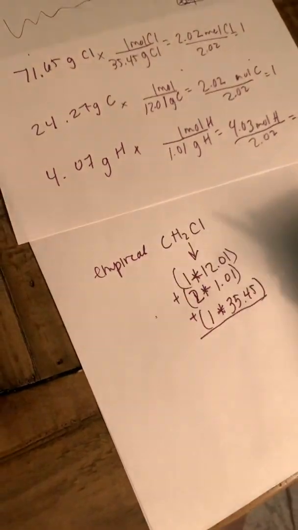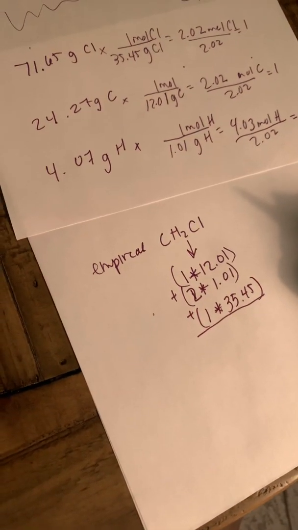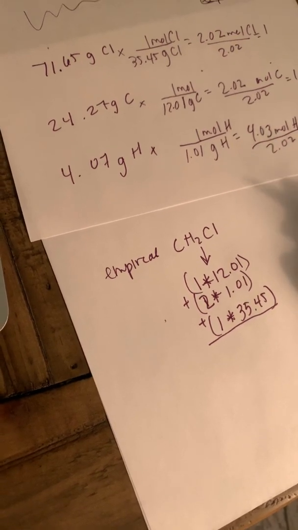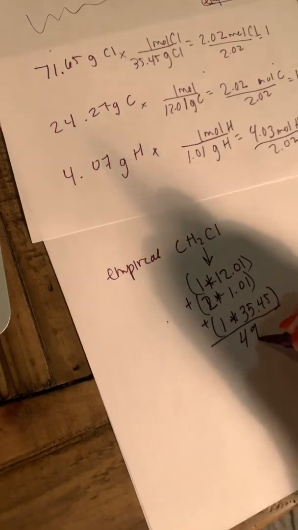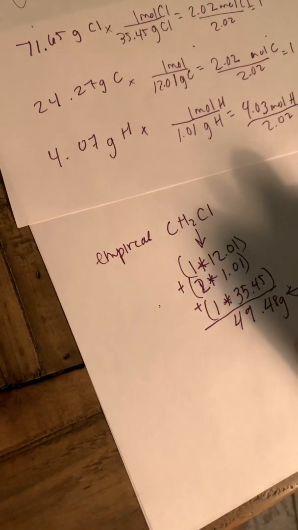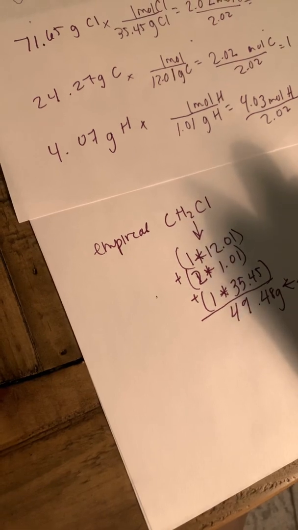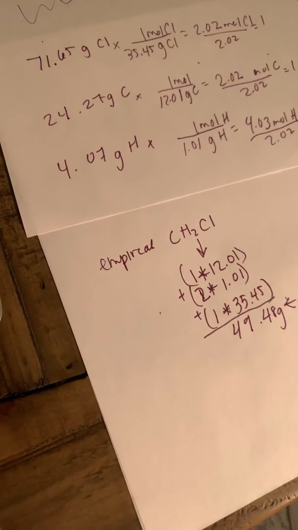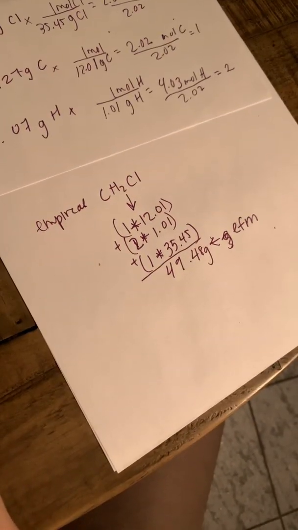Add them all together, and this should be 49.48 grams. Right? So this is your EFM, your empirical formula mass.